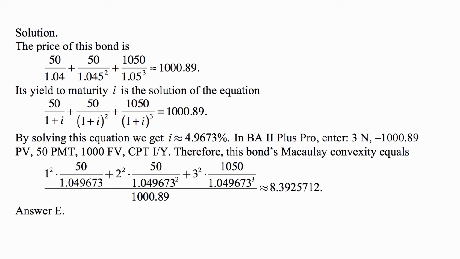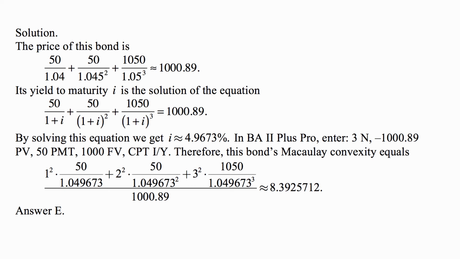Well, based on this yield to maturity, the Macaulay convexity equals, for each time when a payment is made, you take the square of that time, so 1 squared times the present value of the payment, plus 2 squared times the present value of the payment at time 2, plus 3 squared times the present value of the payment at time 3, except you take the present value at the yield to maturity because the problem tells you to do so.